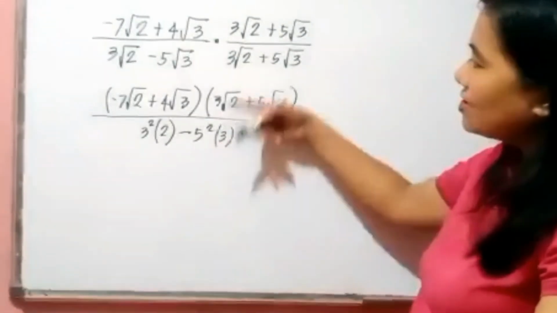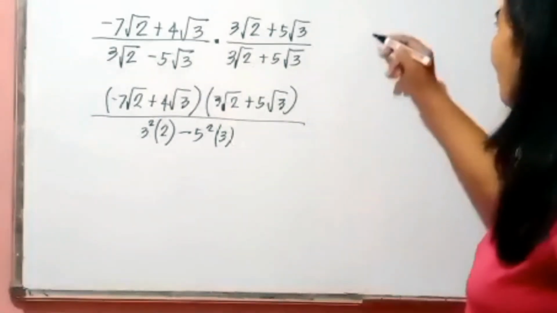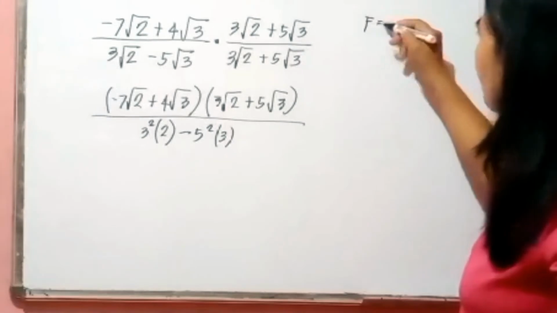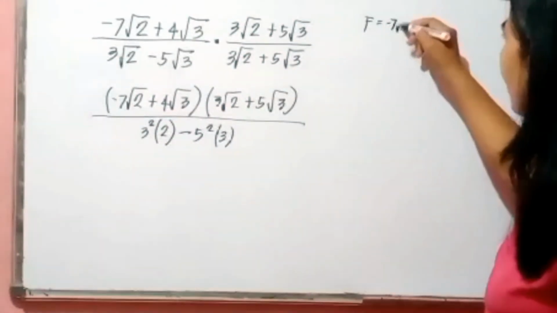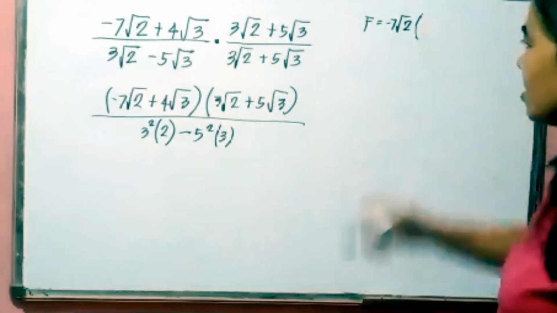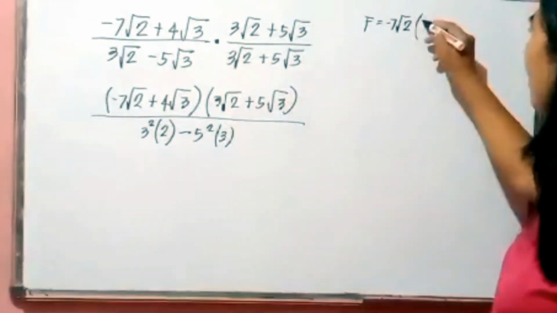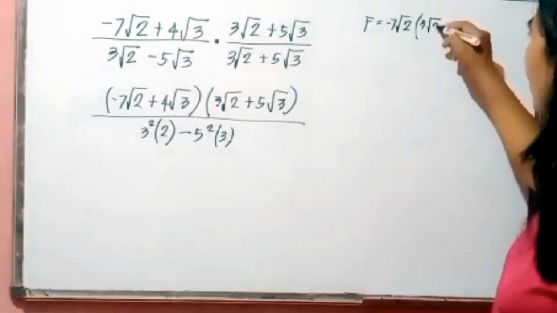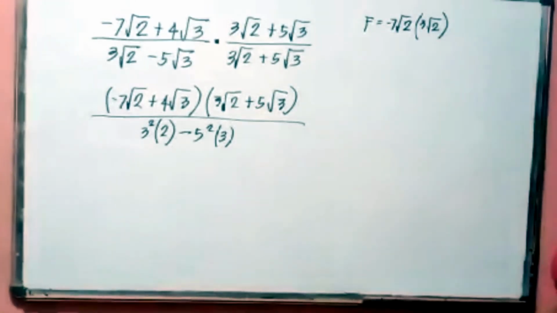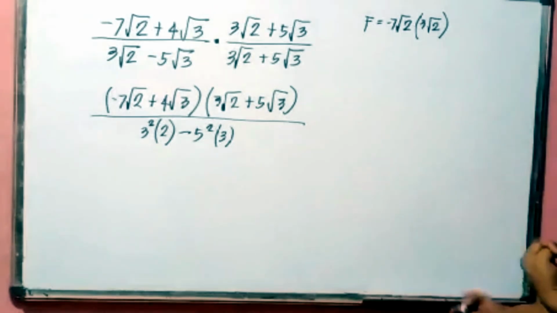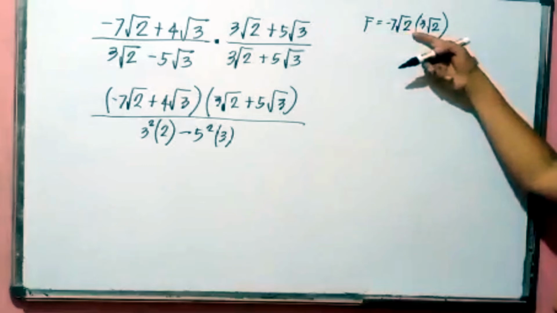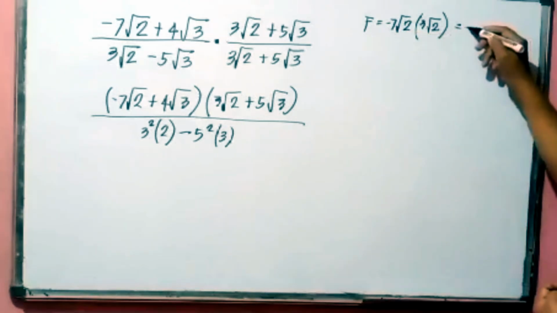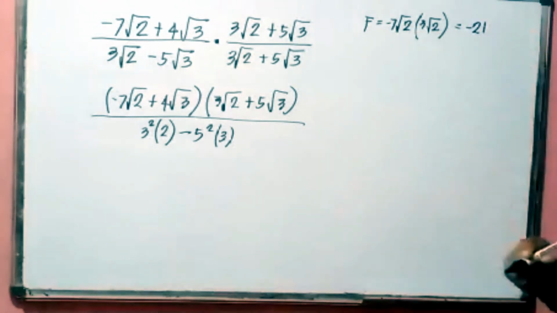Okay? On top, pwede tayong mag-foil. Foil na gamitin ko. Okay, so una, meron tayong negative 7 square root of 2 as the first term. Dito naman, 3 square root of 2. Okay, gamitin ko na yung technique sa multiplication. Out, out, in, in. Okay, so out times out is negative 7 times 3, that is negative 21.